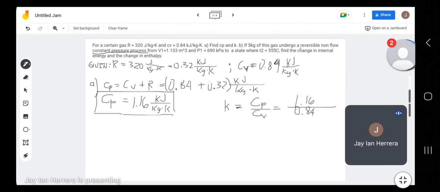So makakancel lang din yung units na yan if i-input natin dito. So Cp over Cv. We will get a value for k or our specific heat ratio as 1.3810. Okay. Thank you.